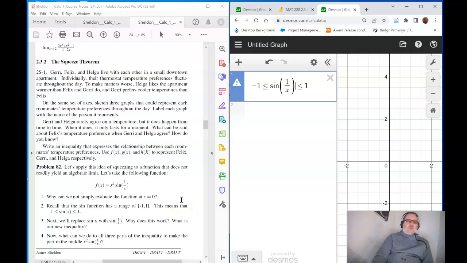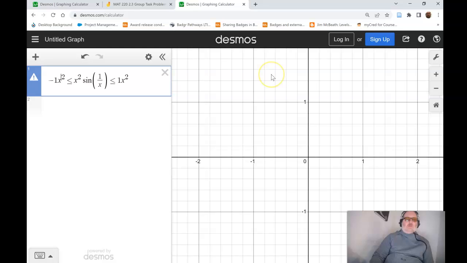And now, to make the part in the middle x squared sine 1 over x, we can multiply each part by x squared.